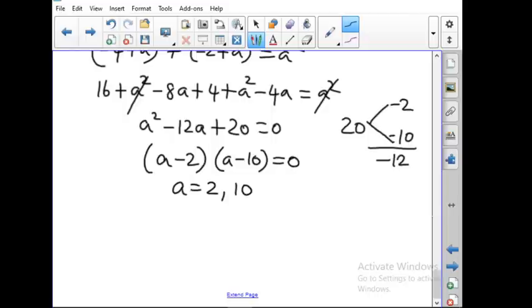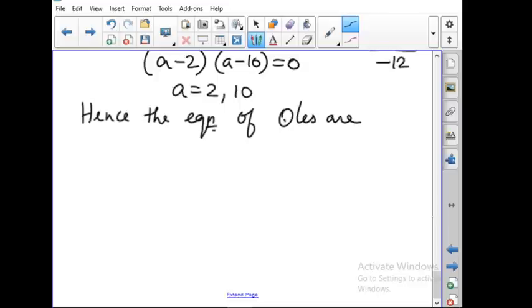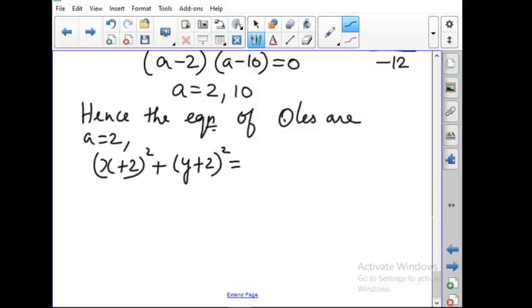So two equations can be found by substituting a equal to 2 and a equal to 10. Hence the equations of the circles are: by substituting a is equal to 2, what will happen? (x plus 2) the whole square plus (y plus 2) the whole square is equal to 4.